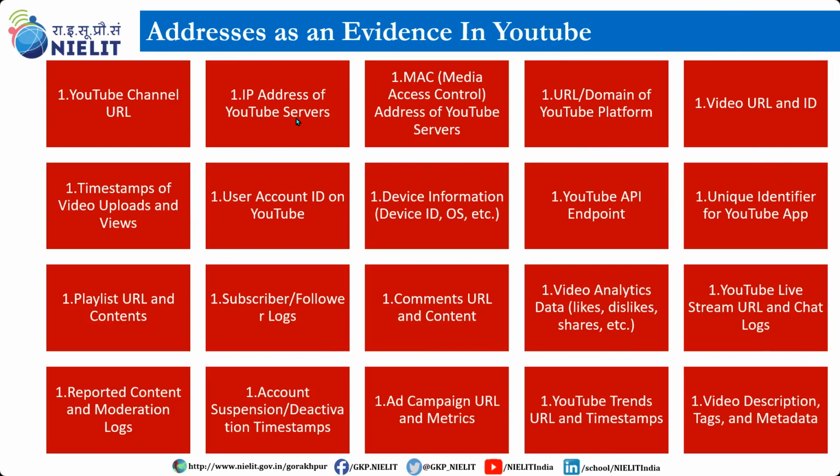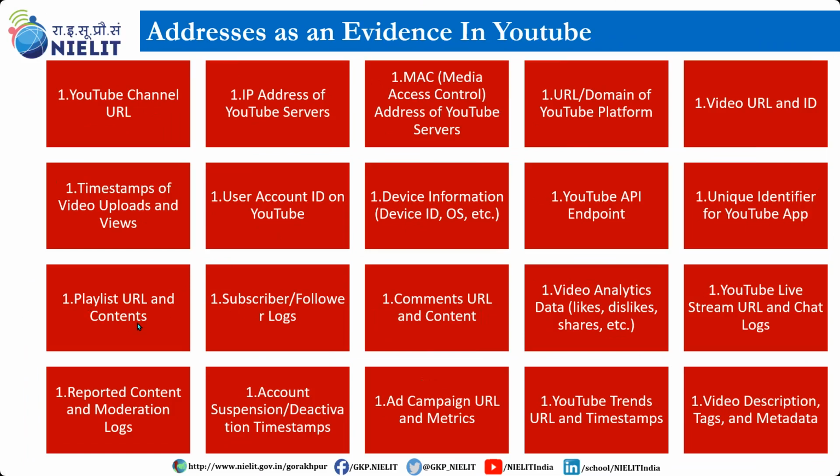IP address of the YouTube server, MAC address, URL, domain name of the YouTube platform, video URL, ID, then user account ID and Gmail account associated with the user ID, YouTube account, device information, device ID, OS, YouTube API endpoint, video uploaded on the YouTube channel. So this video can also be helpful.